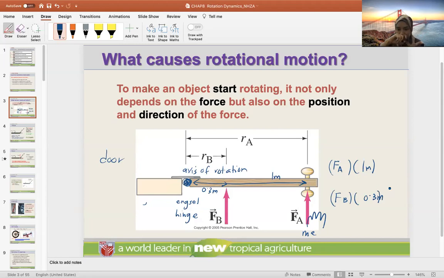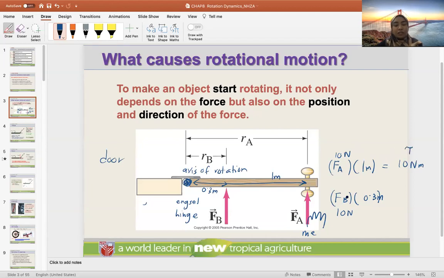Okay, so if I apply equal force, let's say FA and FB are both 10 Newton, I will have achieved a torque of 10 Newton meter.